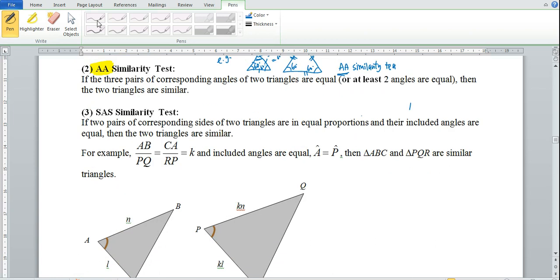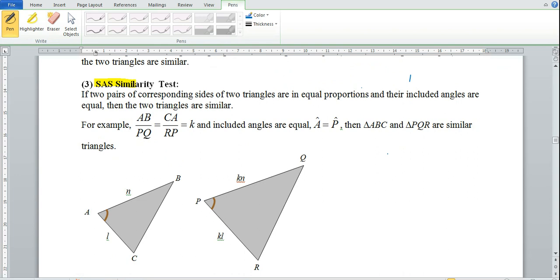The last test for similar triangle is the SAS similarity test. So what it means is that if you are given that there is an angle that you know, and again, it has to be an included, in between angle.